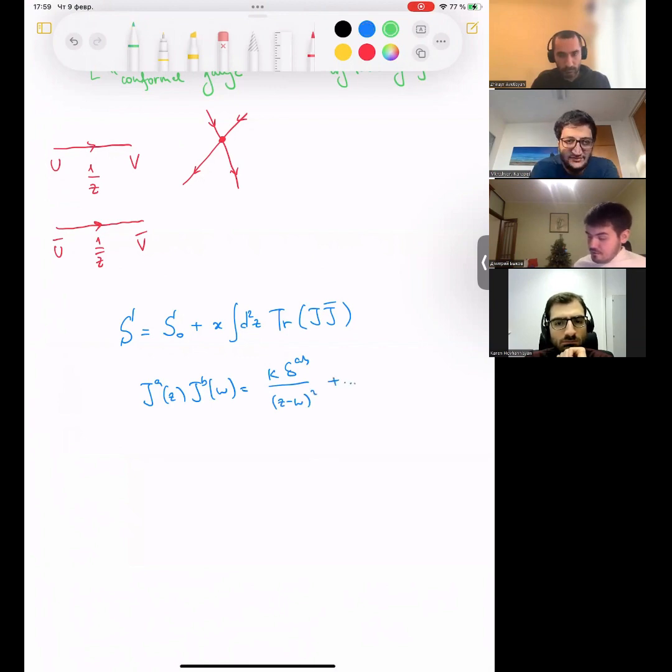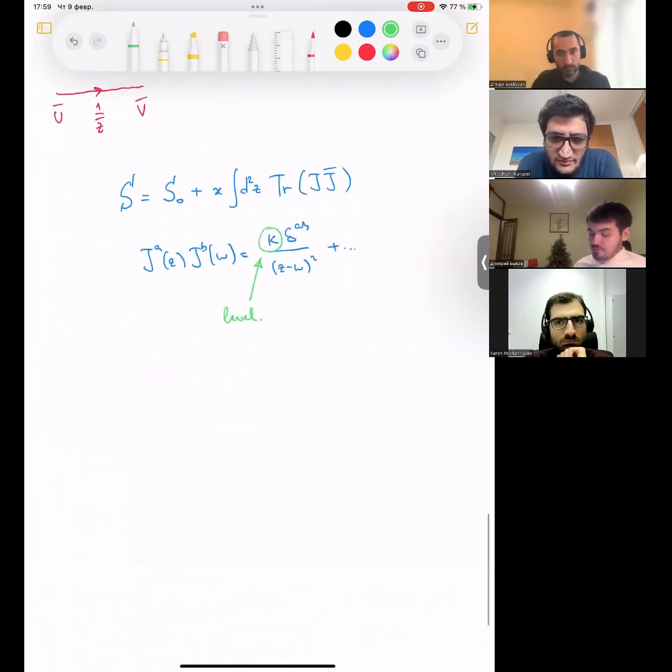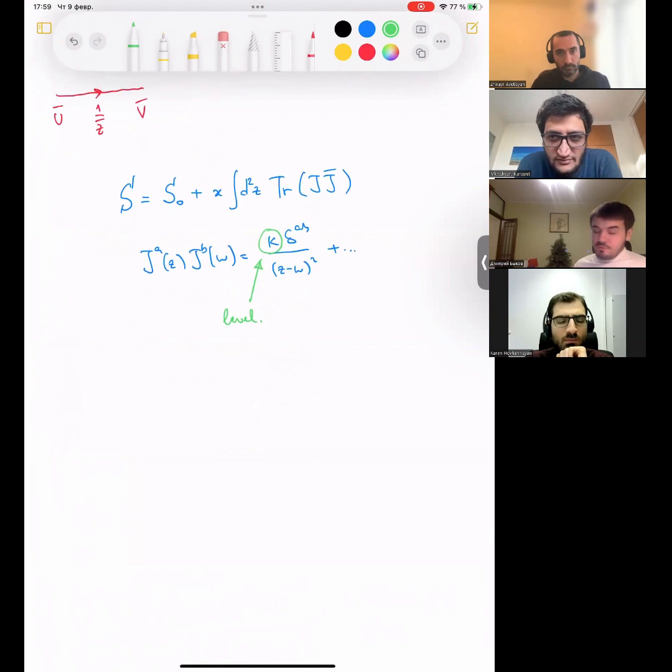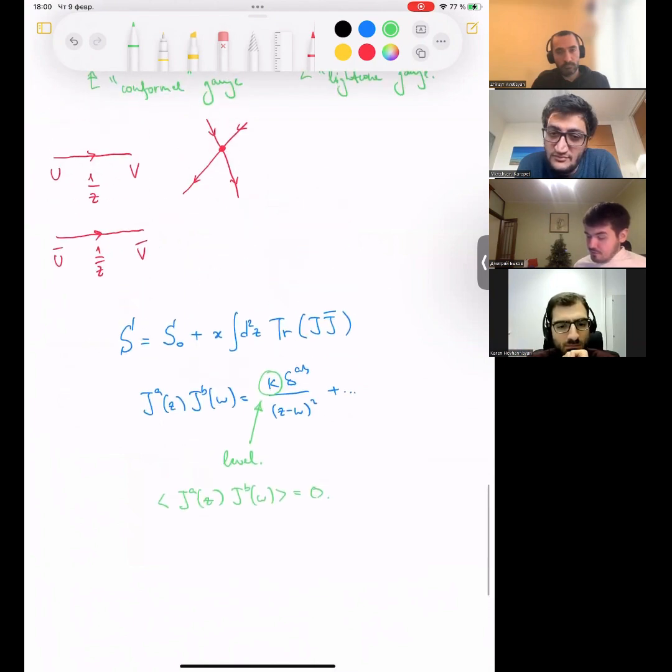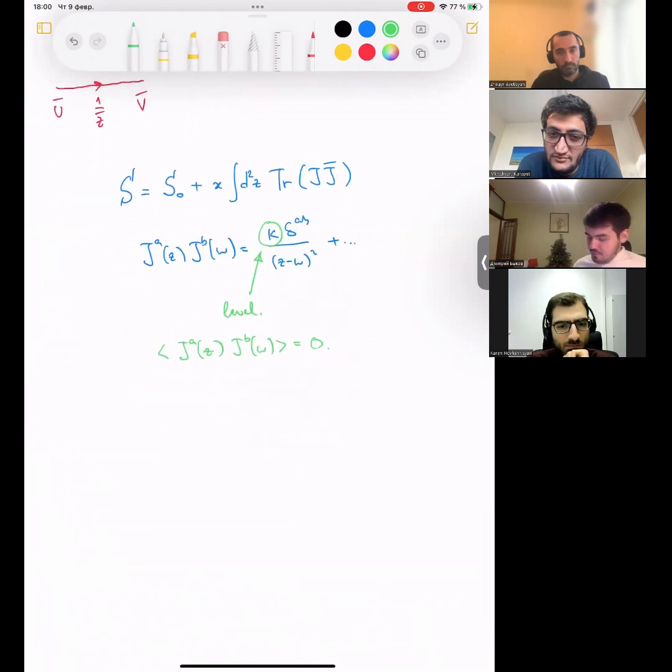This is the level of the Kac-Moody algebra, and it can be computed from the two-point function. You compute the two-point function and you find it's 0. This is because in my case, J equals U times V minus B times C, so the bosonic piece cancels the fermionic contribution, and it's 0. So it's a level 0 Kac-Moody current.